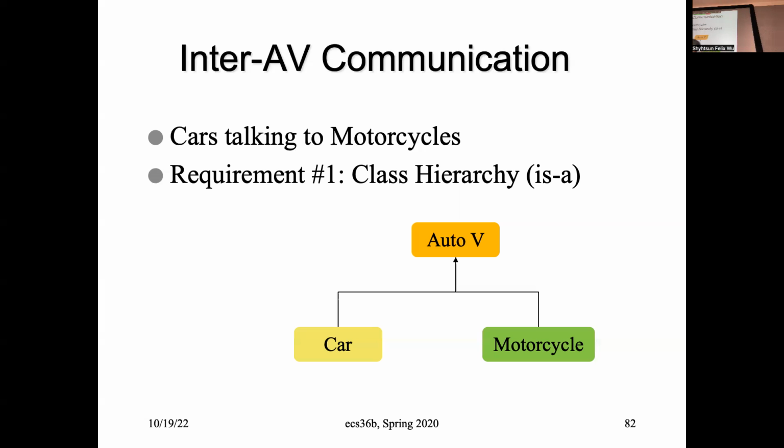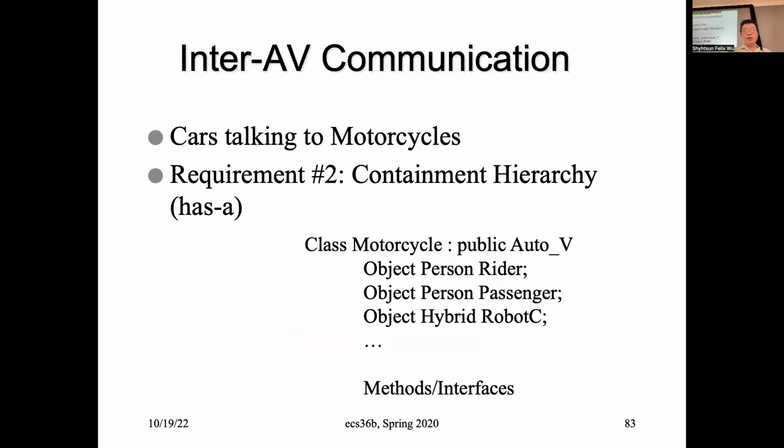You have to define the class hierarchy so we know how they're related to each other. The second requirement, of course, is what we call the containment hierarchy, or the content of the object. By the way, how do you actually express that in the exam?